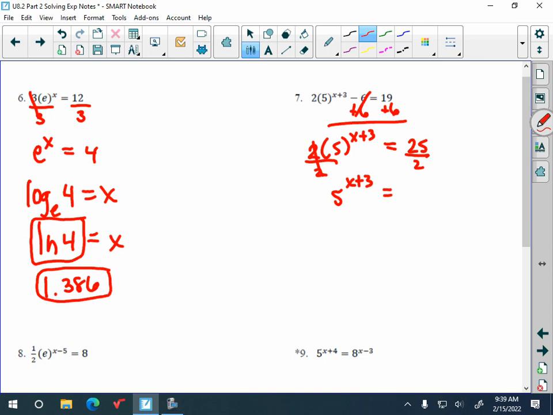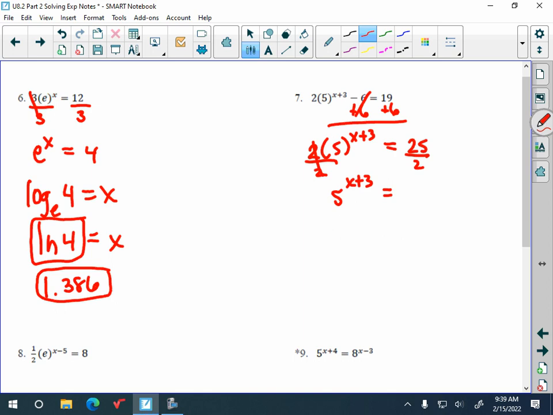Now, when you divide by 2, if this comes out to be a decimal that goes on forever, then you have to leave it as a fraction. If the decimal stops and you want to write it as a decimal instead of a fraction, then that's fine. You can work with fractions, it's fine. But you can also work with decimals, as long as the decimal stops.